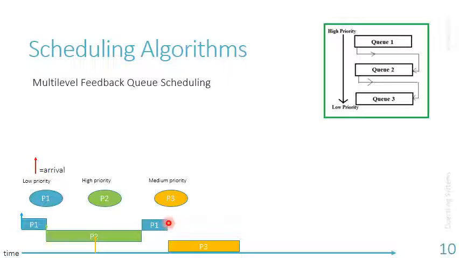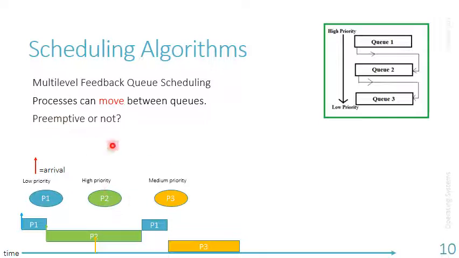And we're going to see concrete examples in the real-time embedded systems course next year. Fair enough? So processes can move between queues, and this could be either preemptive or non-preemptive, and the version that we're looking at here is definitely a preemptive version.